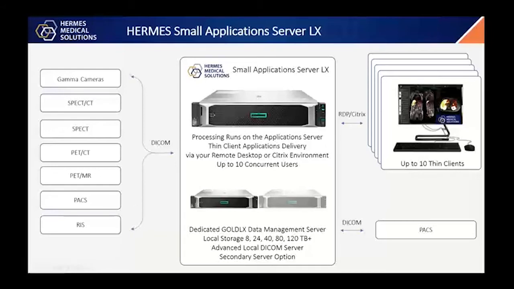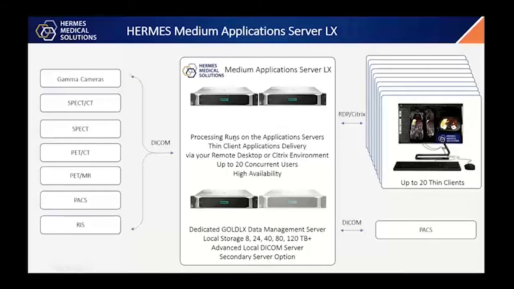We've configured it, when we're making sales quotations, to have different levels. The next level, which could be an upgrade of the one I'm just showing you, is the medium application server, where we have 2 application servers at the top, which can support up to 20 concurrent users. It also has a high availability facility, because those 2 servers work together as part of a server farm, effectively.